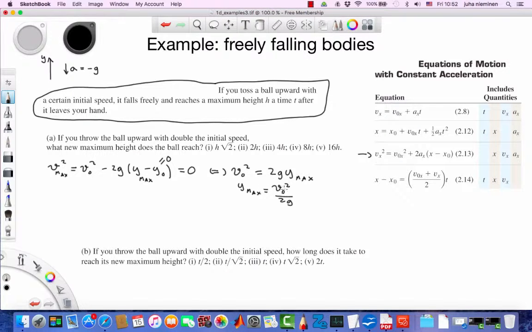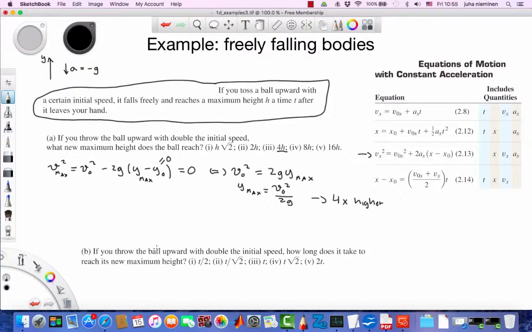And we see that the altitude increases as a square. So if we double the initial velocity, the altitude will increase 4 times, 2 to the power of 2. So we have 4 times higher when the v0 doubles. And because the height achieved with the certain initial speed was h, the new maximum height is 4h.